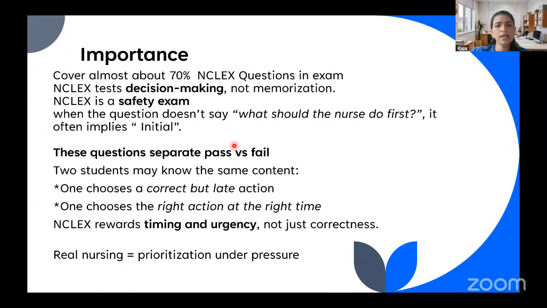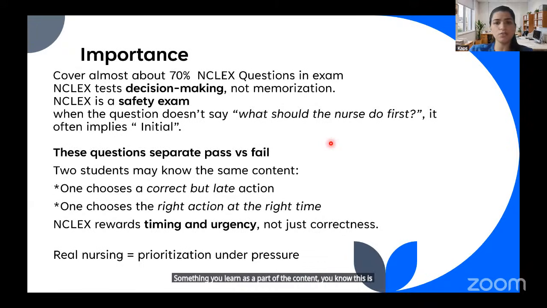Another most important thing is that these questions actually decide if you're going to pass this test or fail this test. Let's say you have two different scenarios in front of you. One student knows which answer is correct as per what you learn from the books, something you learn as part of the content.